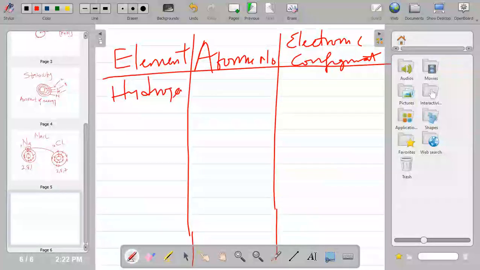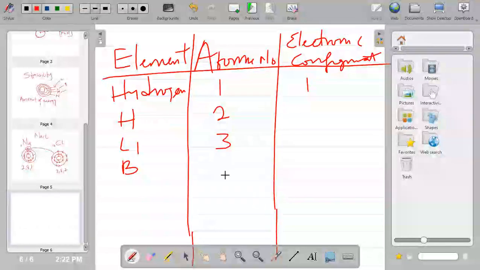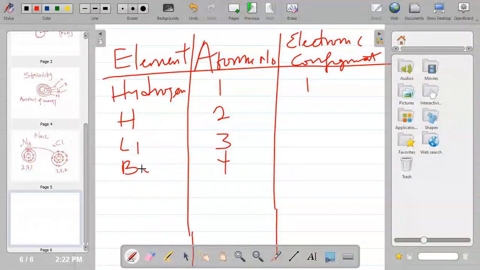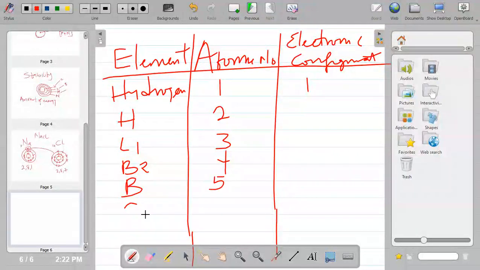Moving on, helium has an atomic number of 2, just like we have lithium, 3, beryllium being 4, boron being 5, carbon being 6, nitrogen being 7, oxygen being 8.